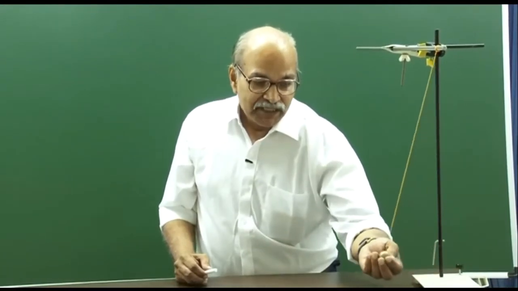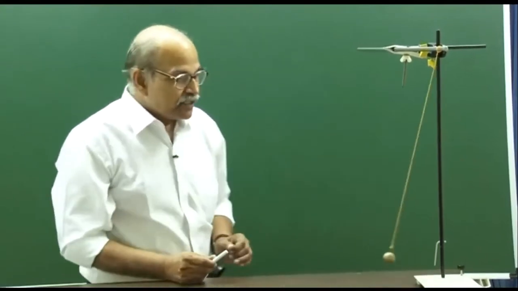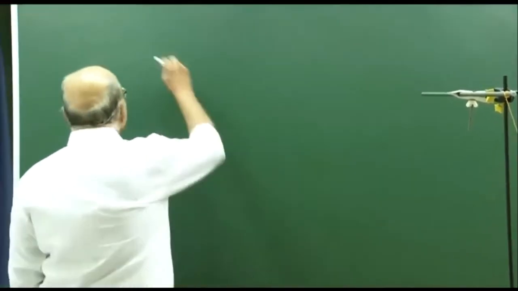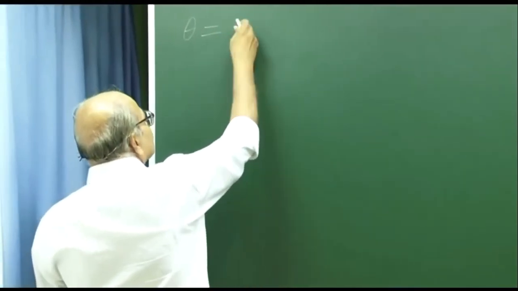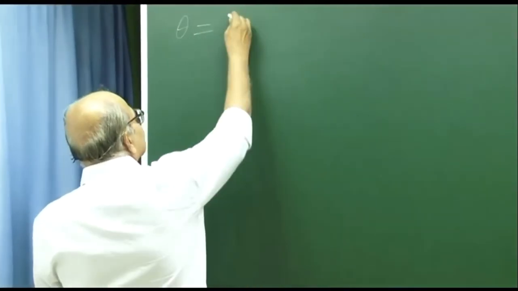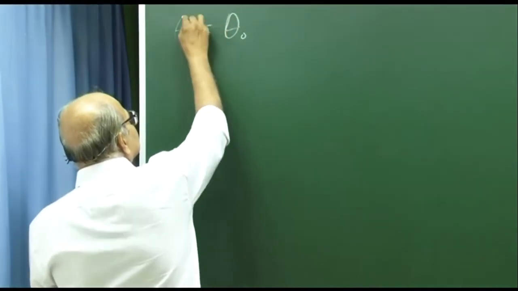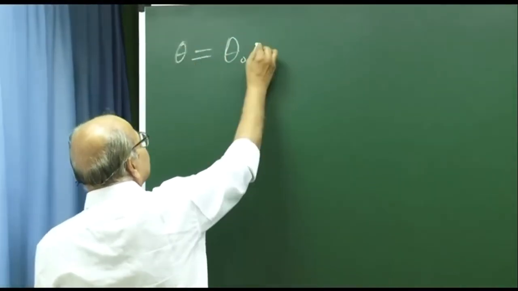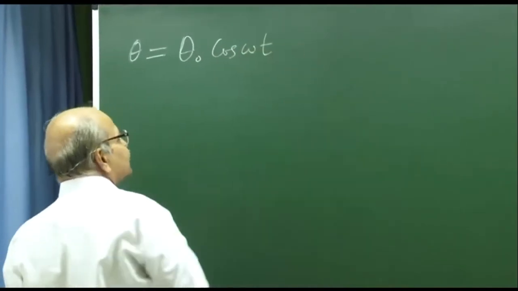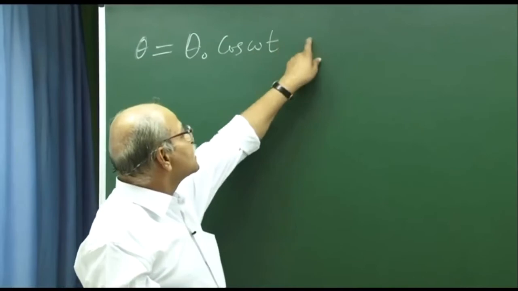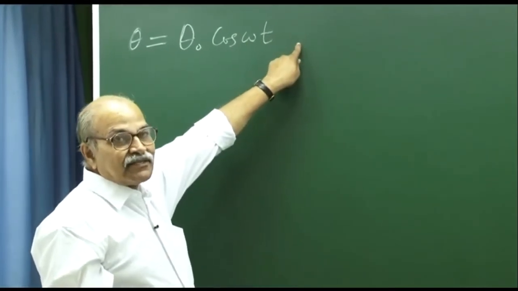If you write the equation for displacement, let us write for theta, theta equal to theta naught, which is the amplitude, times cos omega t. You can write sin omega t, or cos of omega t plus some angle phi which is constant, does not depend on time, and so on.